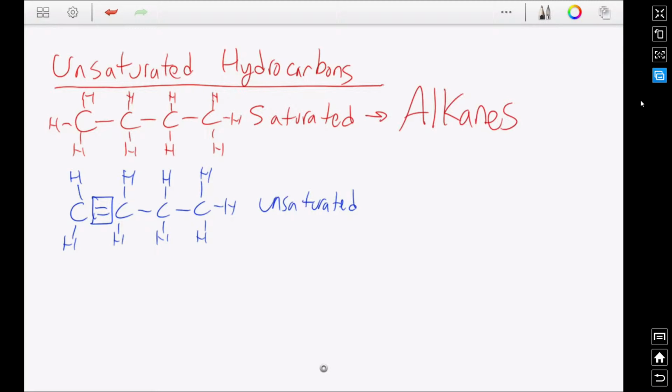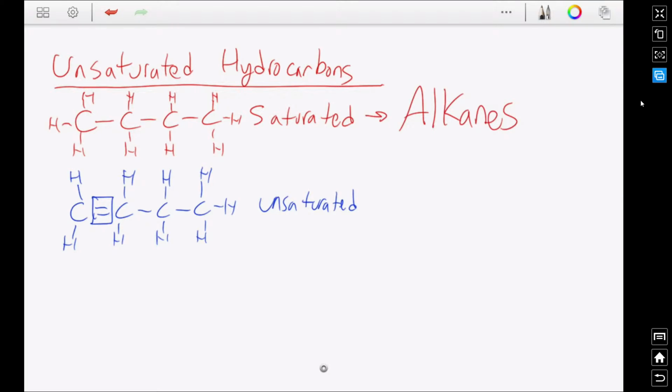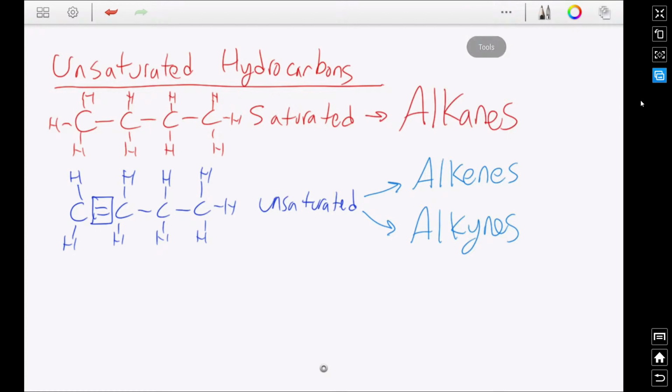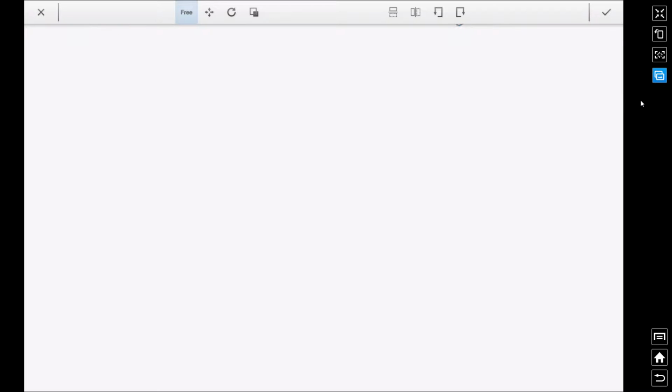Unsaturated hydrocarbons come in 2 types: alkenes, I know it's a very slight difference, or alkynes. We'll explain those in just a moment. So saturated hydrocarbons are alkanes, and unsaturated hydrocarbons are either alkenes or alkynes, depending on what they are.